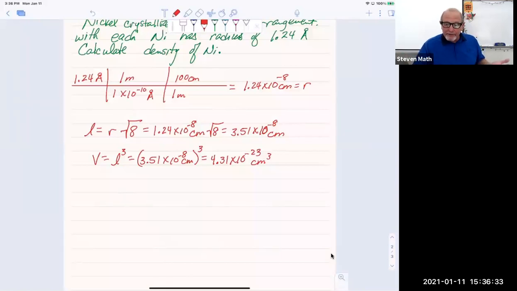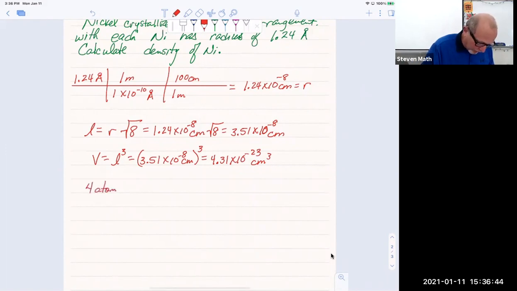Now, to calculate density, we have to have volume and we need to have mass on top. So how can we get the mass? Well, we know that we have 4 atoms of nickel. No problem.